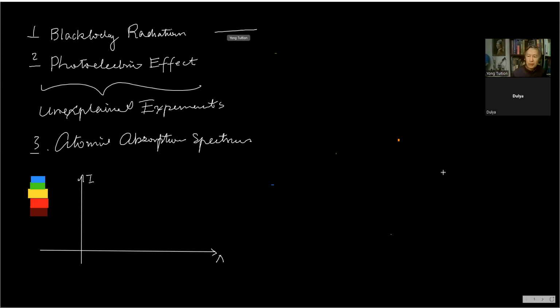Just to cut the story short, this is the temperature increase, all right? As the temperature increases, you will see the object changes color, right? Do you remember any picture of a blacksmith in the old days?